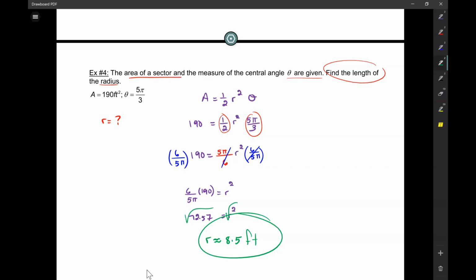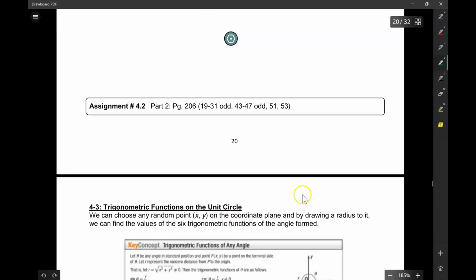But show me this work. On the test or quiz, I would like to see the first two steps, right? I want to see the work. I don't just want the answer because you have to justify where these come from, all right? Now, this is the homework for next time.